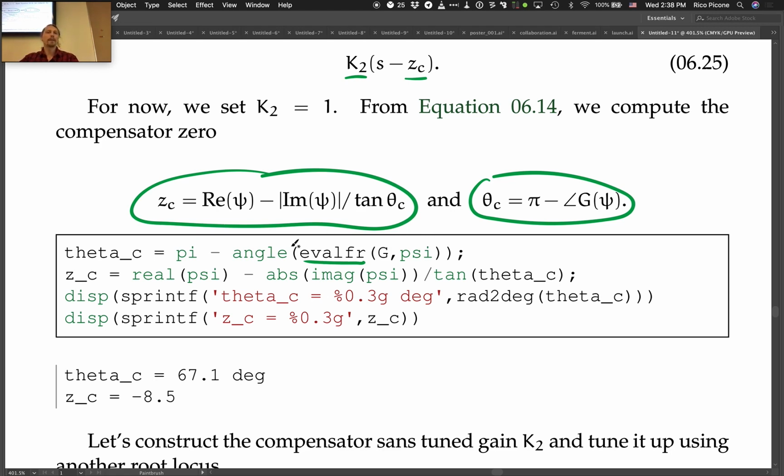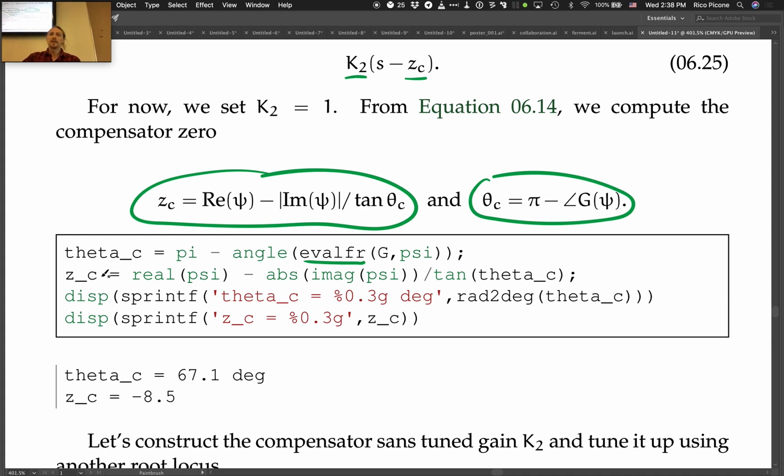And then we want the argument of it. We want the angle. Okay, so there's an angle function built into MATLAB as well. So eval-fr and angle are both built in. Eval-fr might be part of the controls toolbox, but it's in either the controls toolbox or in MATLAB core. I can't remember which, but anyways, angle is definitely in MATLAB core. And then just subtract that from pi, and we get theta c.